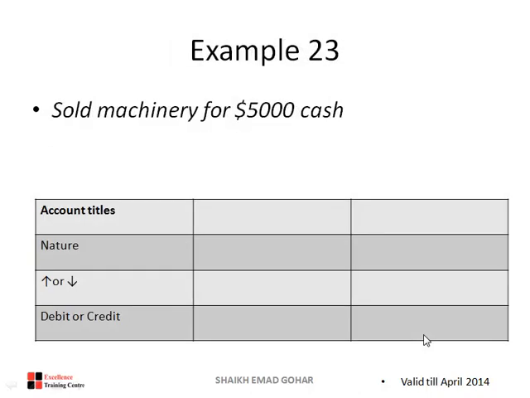Remember, I purchased some machinery, now I am selling the same machinery. When you purchase the machinery, you write machinery account. When you sell the machinery, again you will write machinery account, but this time it will decrease. Machinery is my non-current asset, and if it is a non-current asset, you have to write the specific name, which is machinery account. I am selling for cash, so cash account.